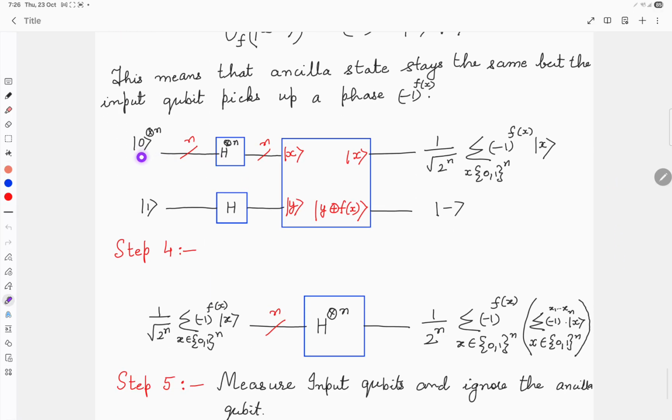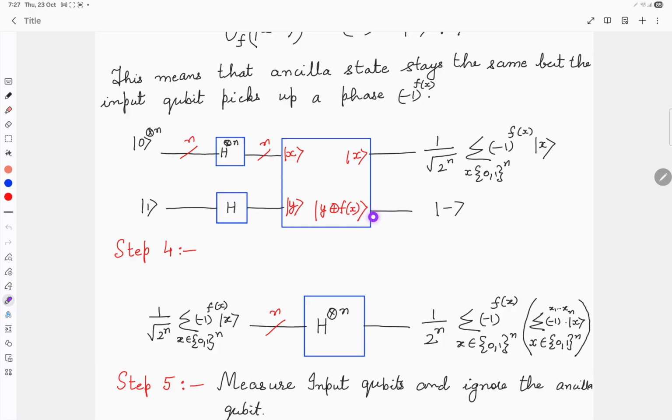Now I'm just trying to explain the circuit here. I'm expanding the circuit now. How am I expanding? Let me explain. The n qubits are initialized to 0. The ancilla qubit is initialized to 1 and passed through the Hadamard gates. So this is our quantum oracle. We get this type of output at ket x, because whatever input is applied to this point, we will get the same output as it is.